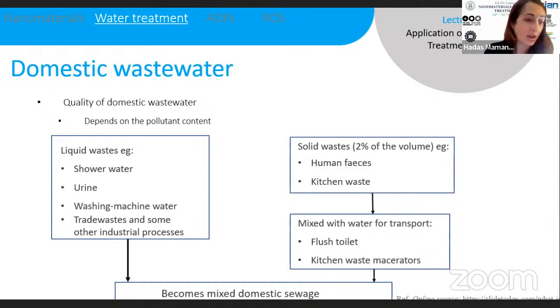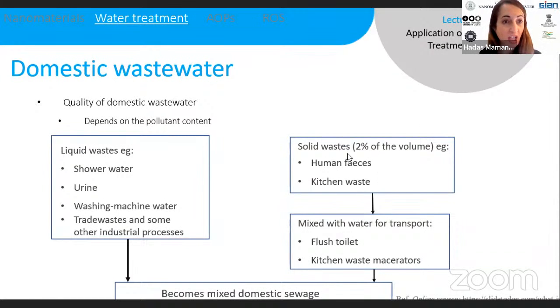So for example, we have guidelines that allow industrial wastewater, following some type of pre-treatment, to get connected to the wastewater stream, that is, the domestic wastewater stream. So if industrial wastewater has a permit, then it could be connected.